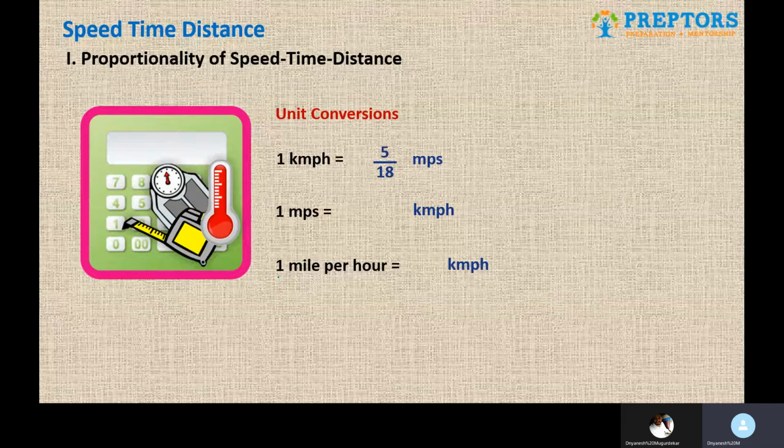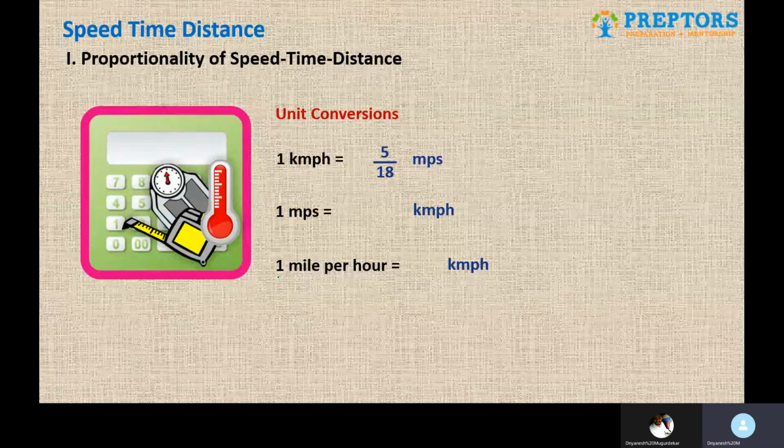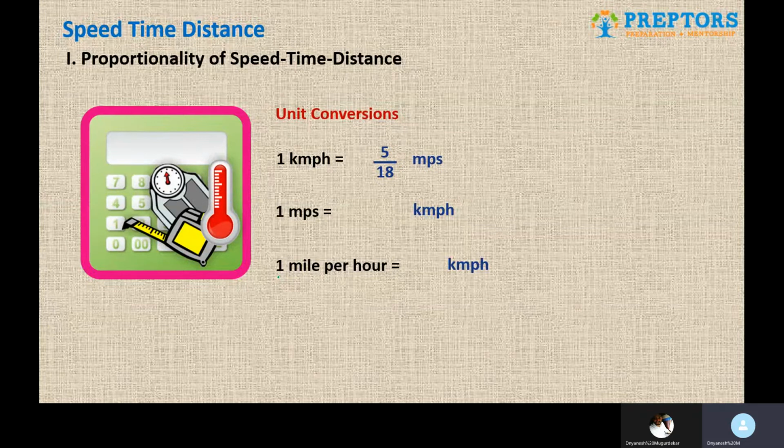You literally convert from kilometer to meter. 1 kilometer is 1000 meters, and per hour, we have to convert 1 hour to seconds. 1 hour is 3600 seconds. So 1000 upon 3600, after reducing, you get 5 by 18. So basically, to convert from kilometer per hour, you always multiply by 5 by 18 as a multiplying factor to convert into meter per second.